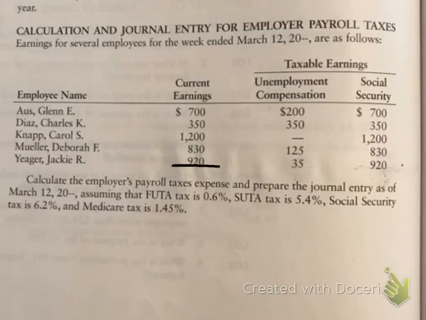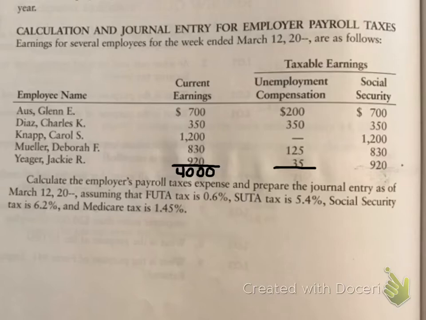So we'll simply just draw a ruling and we will add the columns. So the total earnings, when you add those together, is going to be $4,000. So that is the total of the total earnings columns, one of the amounts we needed. Then we also need the total of the taxable for unemployment compensation column.